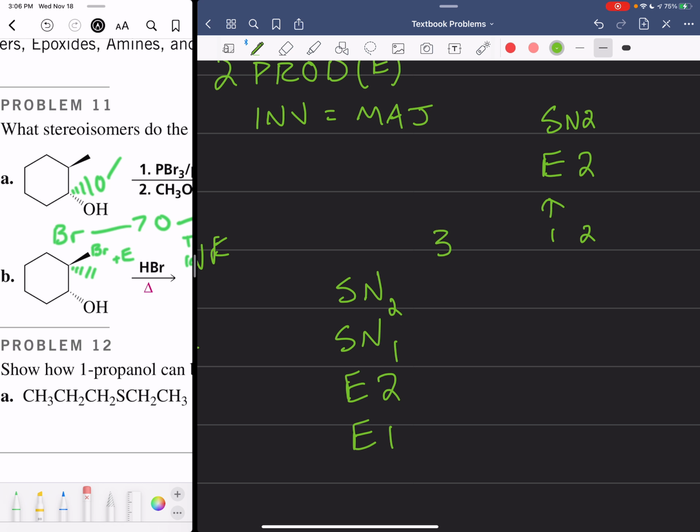So this is going to be tertiary, secondary, primary.